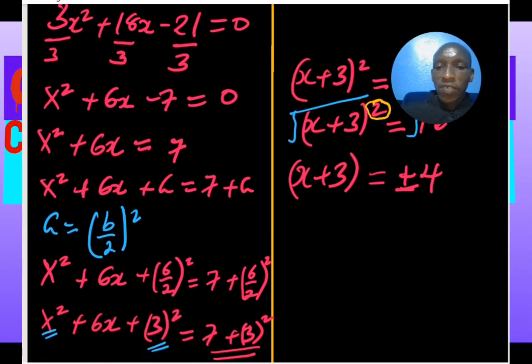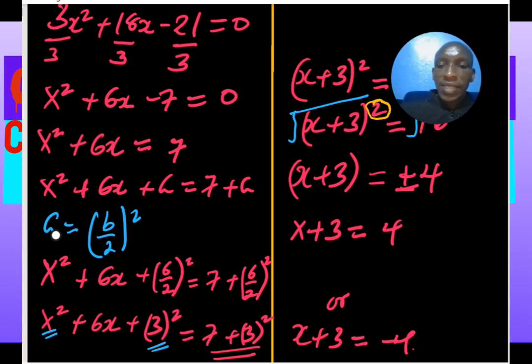So x plus 3 is equal to 4, or x plus 3 is equal to negative 4. If x plus 3 is equal to 4, then x is equal to 4 minus 3, which is 1.